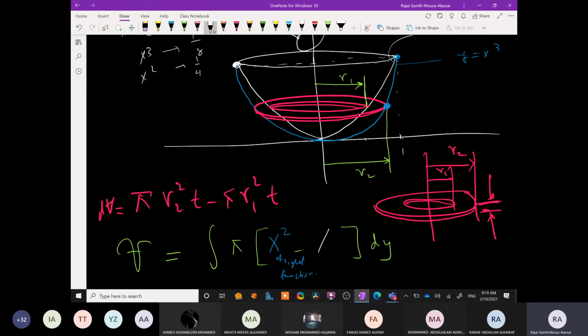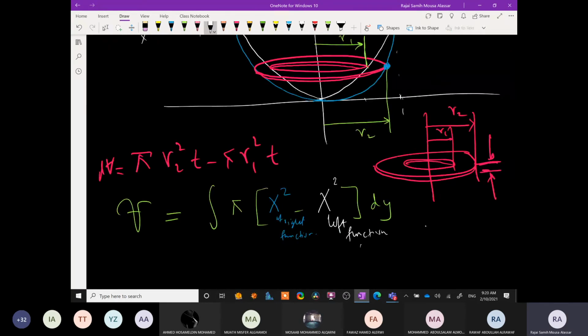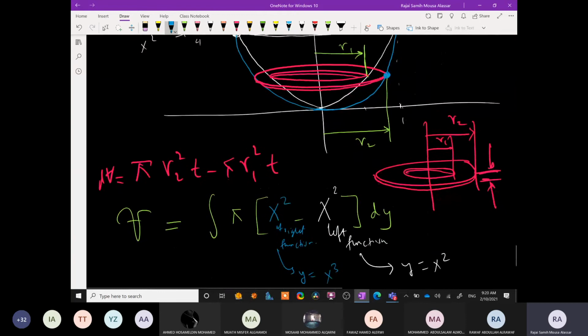So this is x squared of the left function. And this left function happened to be what, Shabam? Y equals x squared. And this happened to be what? Y is equal to x cubed, isn't it? Yes. Okay, so this is what it is.